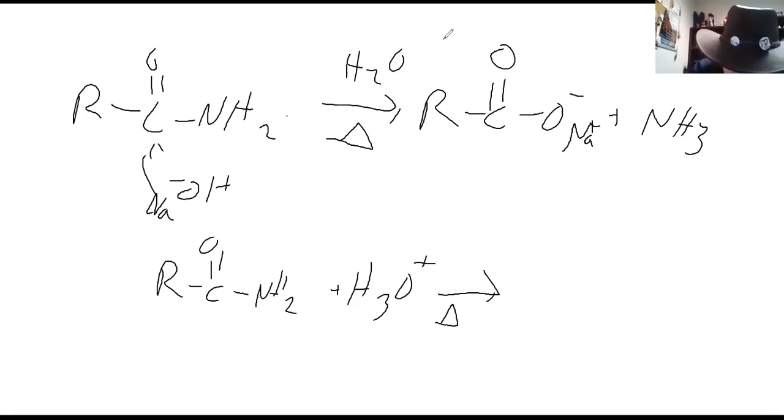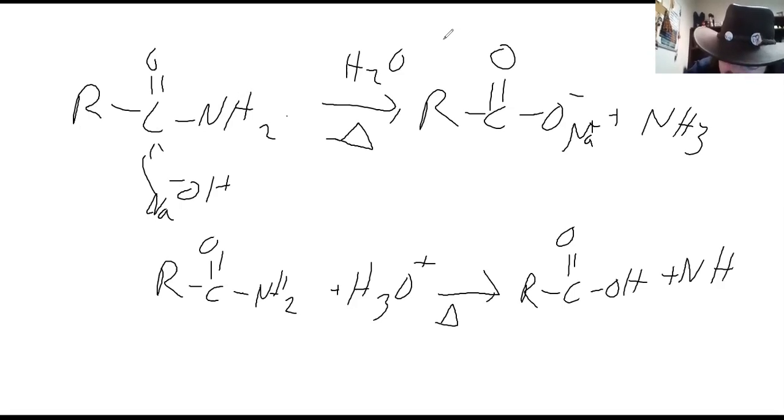Form ammonium as a byproduct. One of the things is going to be essentially we can drive these guys off. Now the base catalyzed mechanism is the same as saponification. The acid catalyzed method is the same as transesterification.